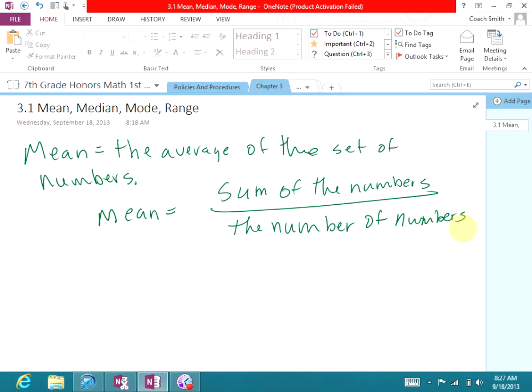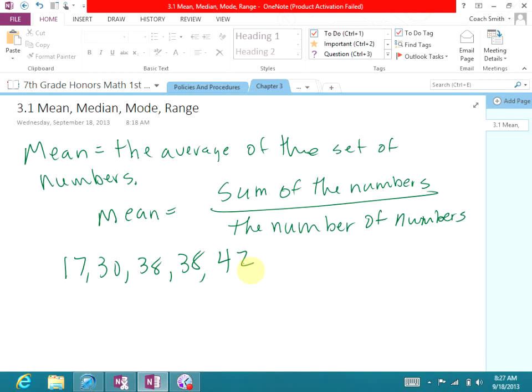But let's look at these numbers: 17, 30, 38, 38, and 42. Let's say I have those numbers, and I want to find what the mean is.